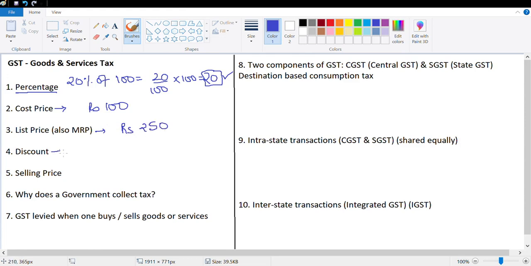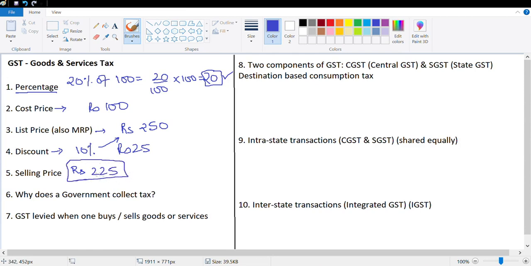Then you decide to give a discount, let's say at the rate of 10%, which works out to 10% of 250, which is rupees 25, which means your selling price is marked price or MRP minus discount, which is equal to rupees 225.